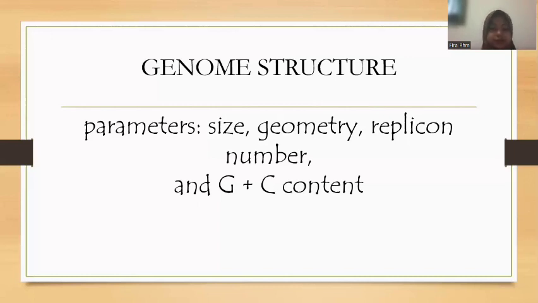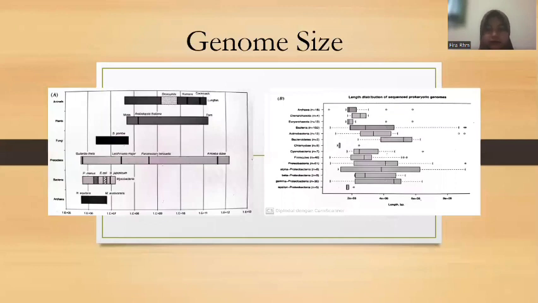Next, genome size. Prokaryotic genome size varies across more than a 20-fold range. Look at figure 1a. Figure 1a shows how this size range lies relative to all forms of life, overlapping with the small eukaryotes and the large viruses.